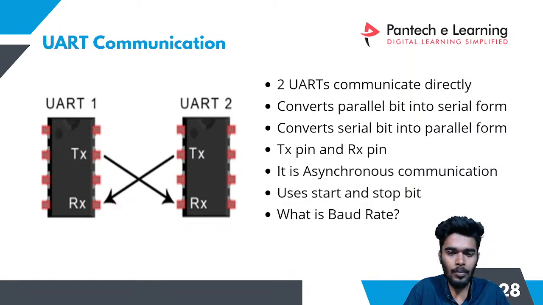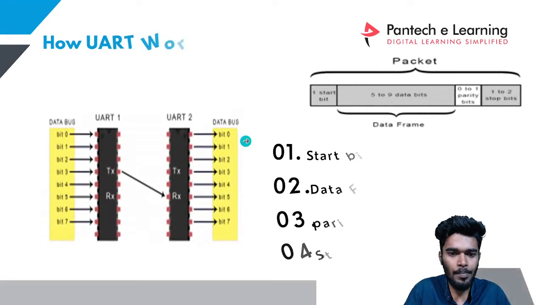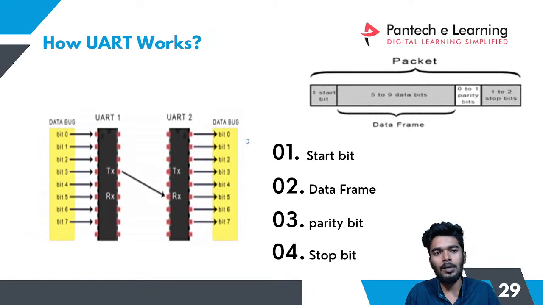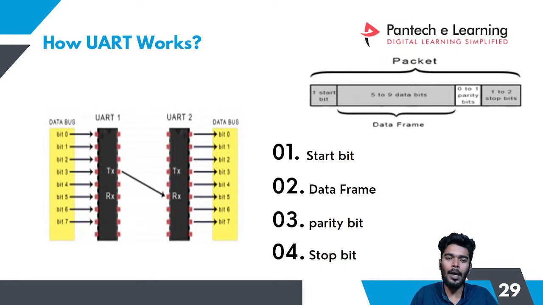Next, let's see how UART works. UART transfers the data in packet form. Inside the packet we have a start bit, a data frame of 8 or 9 bits of data, a parity bit, and 1 or 2 stop bits.